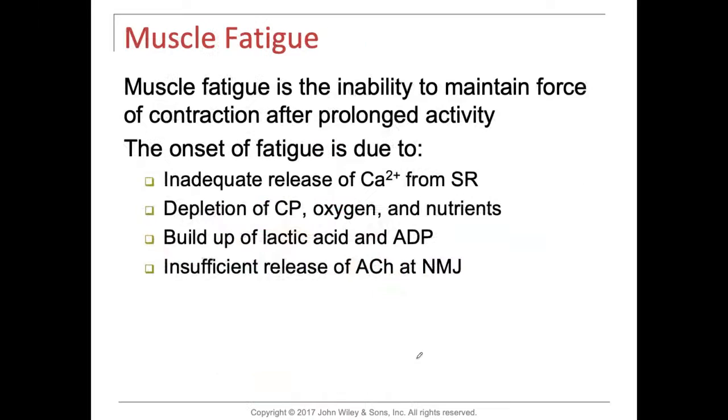That's hitting the wall. So where does the muscle fatigue come from? Well, the onset of fatigue can happen from inadequate release of calcium from the sarcoplasmic reticulum. It could be depletion of creatine phosphate, maybe depletion of oxygen, maybe nutrients. Maybe they don't have B1, B2, or B3. Maybe they don't have B vitamins.